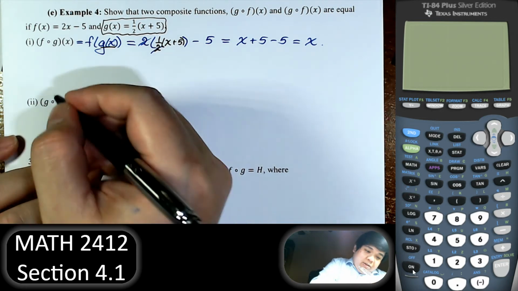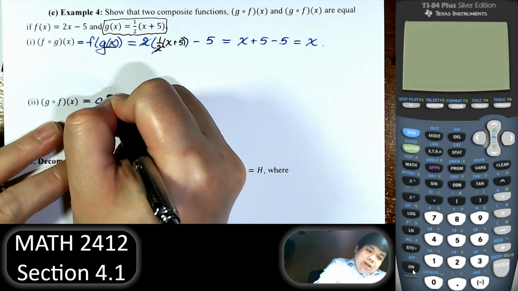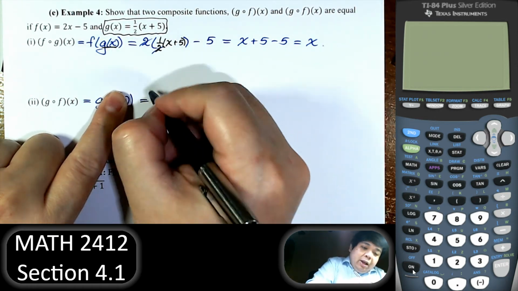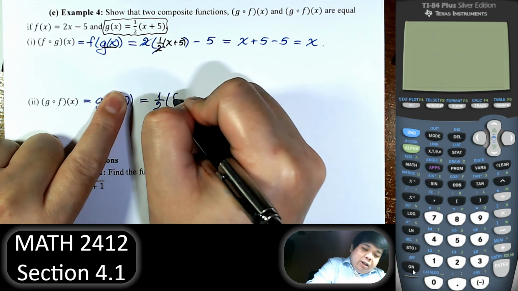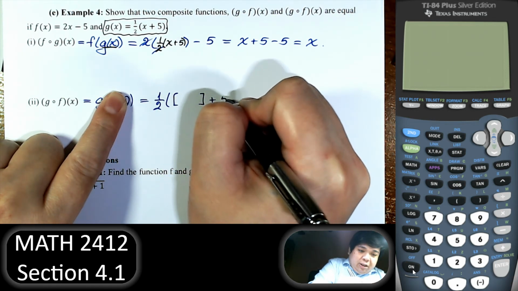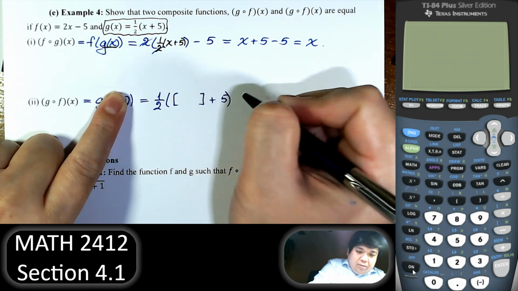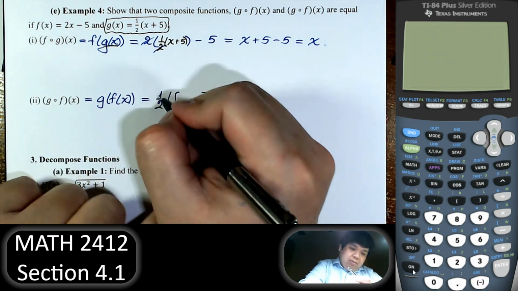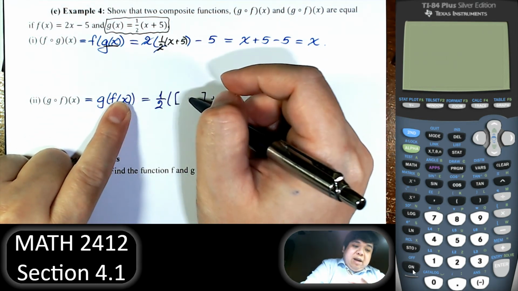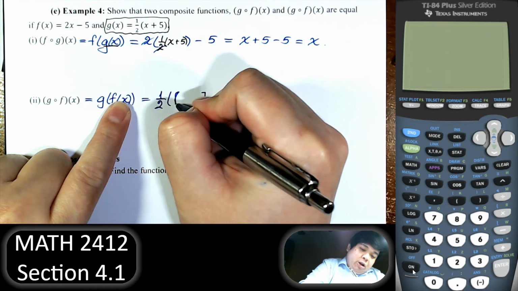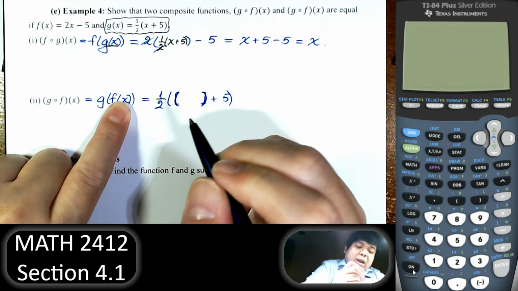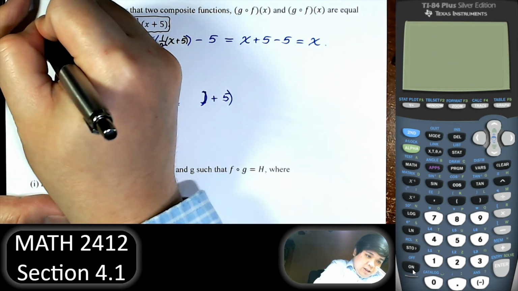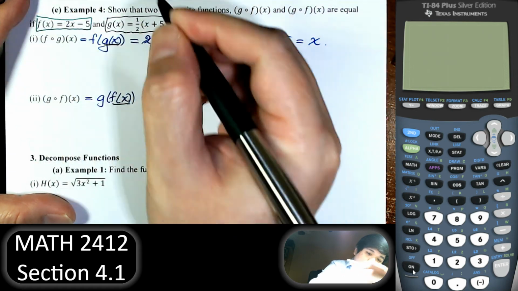And then we do the second part of it, g of f of x. Now first the function g is 1/2 something plus 5. It doesn't matter what we put in the parentheses. Now, if we choose f of x, it is going to be 2x minus 5.